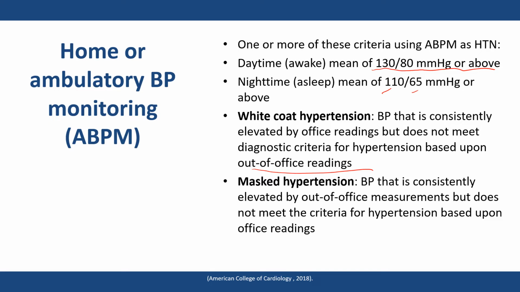And the opposite is masked hypertension, where blood pressure is consistently elevated on out of office measurement but does not meet the criteria in the office. Needless to say, we should keep these things in mind when we diagnose, or most importantly, when we start a treatment for these patients.